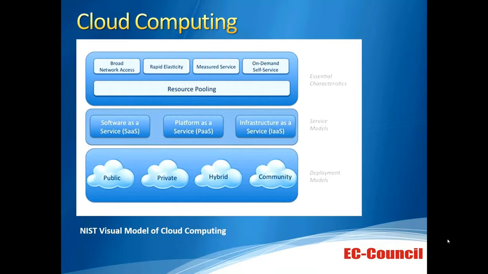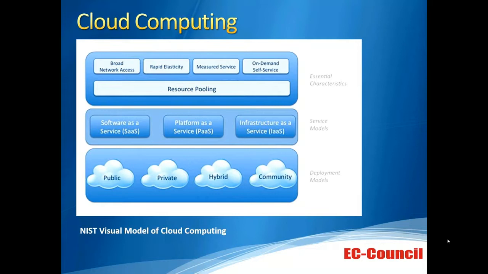Characteristics of the cloud. It's on-demand self-service. This characteristic allows the user to provision such services as network storage without human interaction from the cloud service provider. Broad network access. It enables thick and thin clients, that is computers and mobile devices, to access cloud services on a network. Resource pooling.